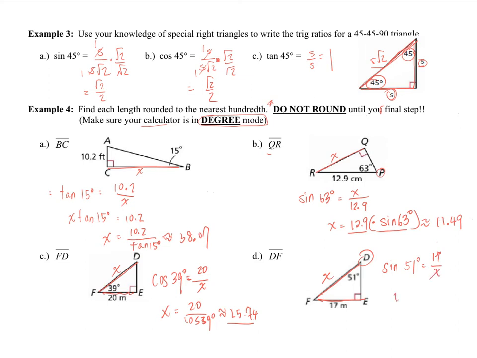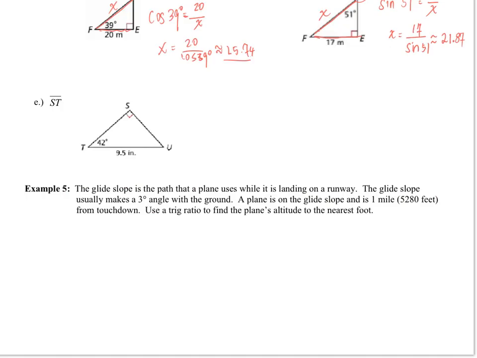So x would equal 17 divided by sine 51 degrees, and that would be about 21.87. Okay, let's do one more here.